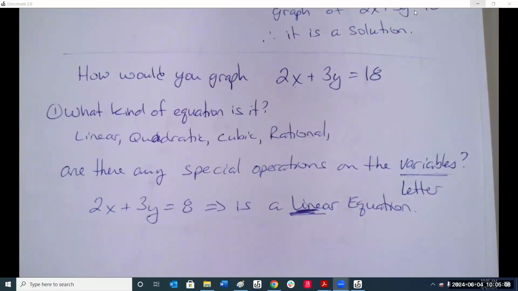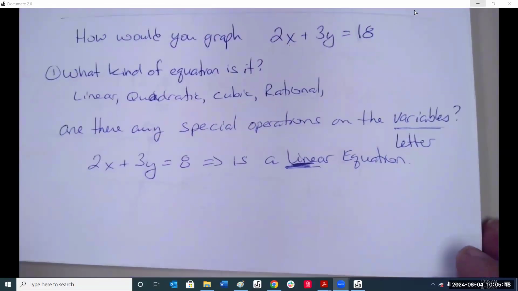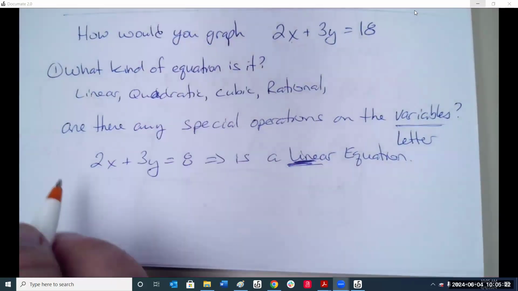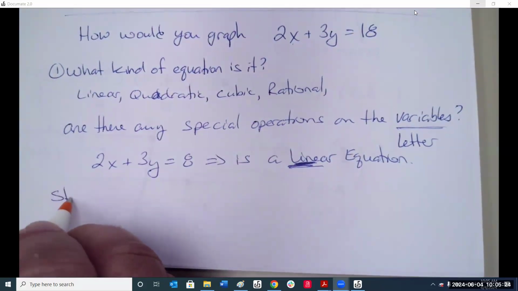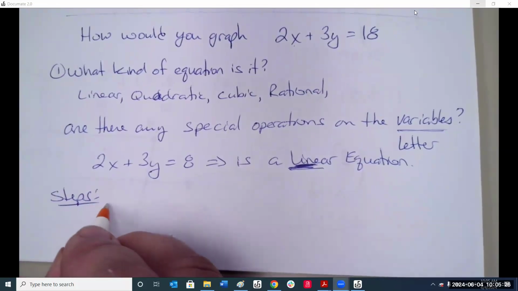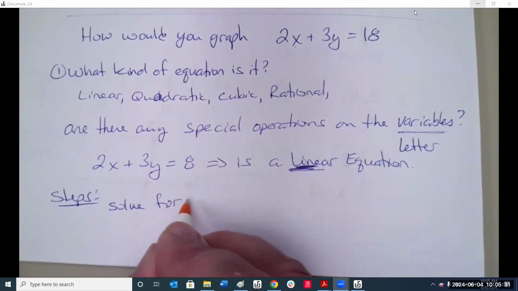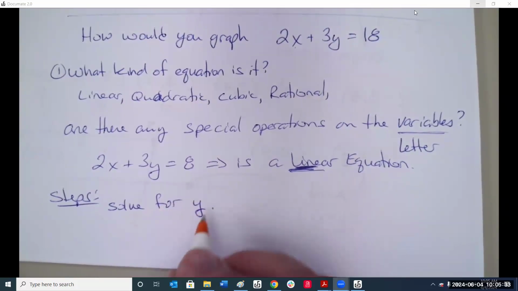And each point has to follow a special format to the next point. So what we would do first to graph this is solve for y.